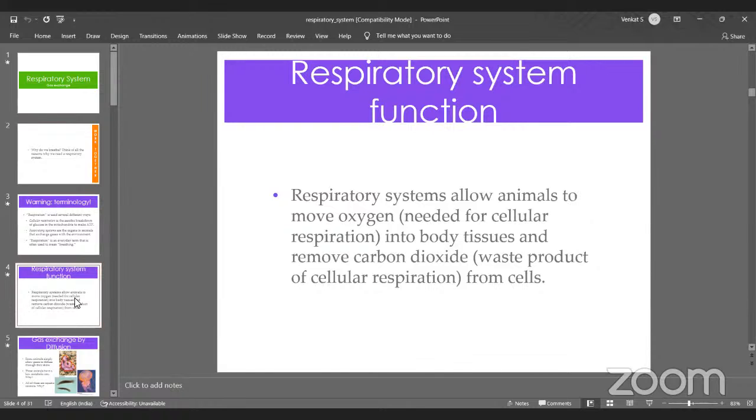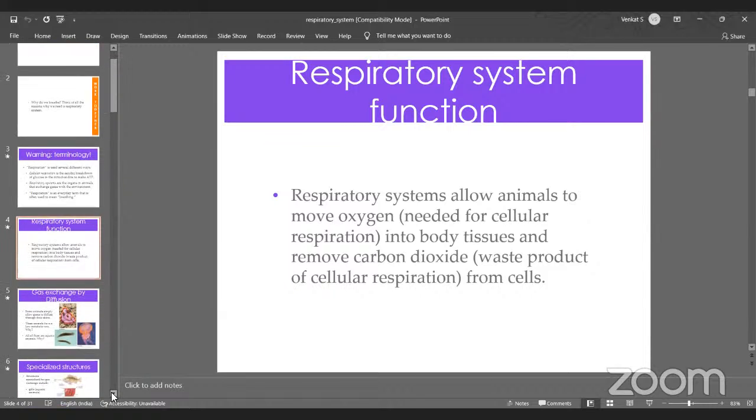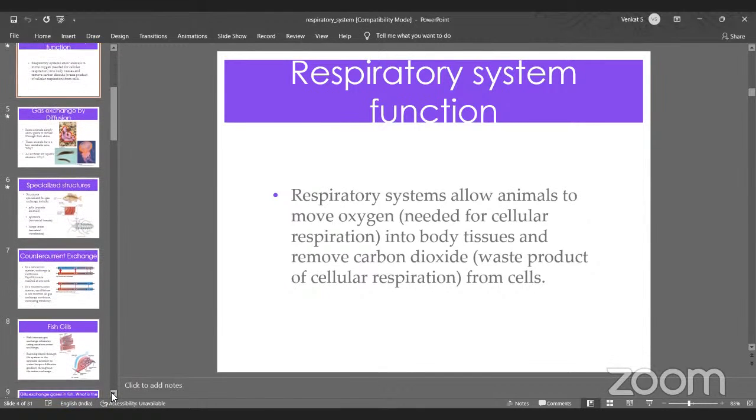The respiratory system's function: respiratory systems allow animals to move oxygen, needed for cellular respiration, into body tissues and remove carbon dioxide, the waste product of cellular respiration, from cells. That is the function of the respiratory system.